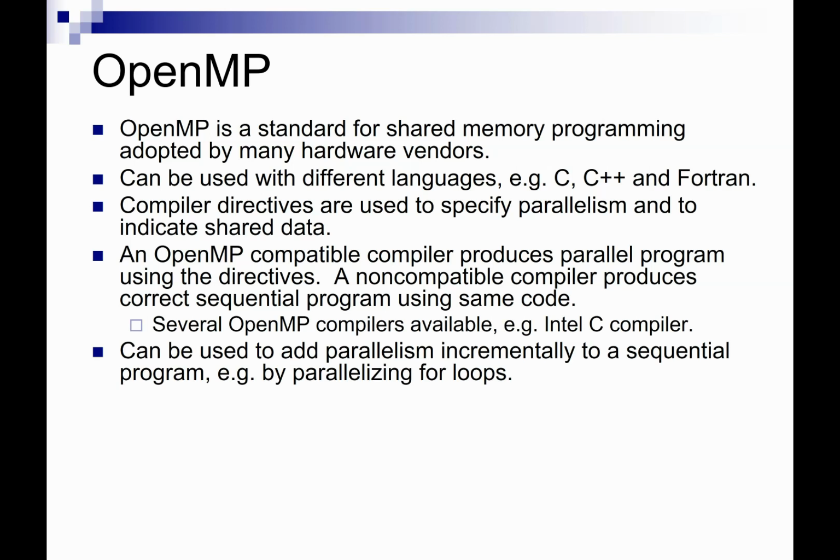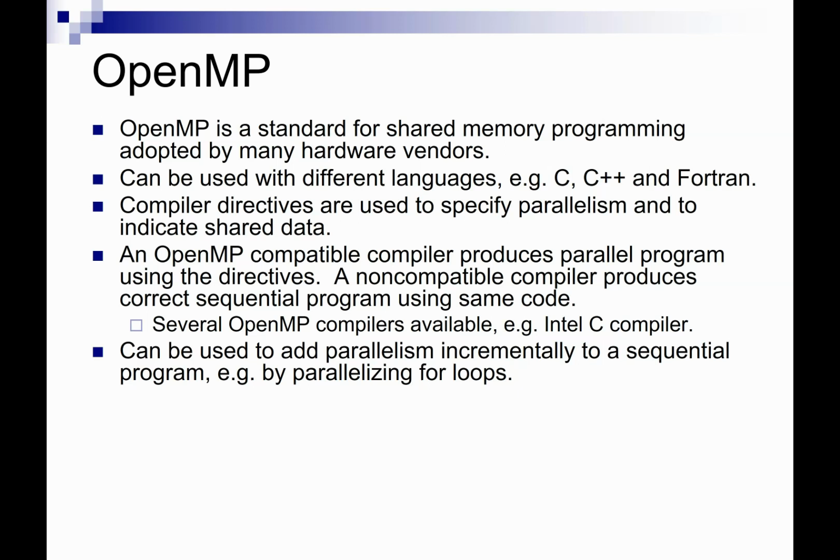Because you can just incrementally add these directives to a program, the program is always going to be correct both to OpenMP compilers and normal sequential compilers. So you can add parallelism to your program incrementally. For example, if you have a big long program, maybe you don't have enough time right now to make everything parallel.